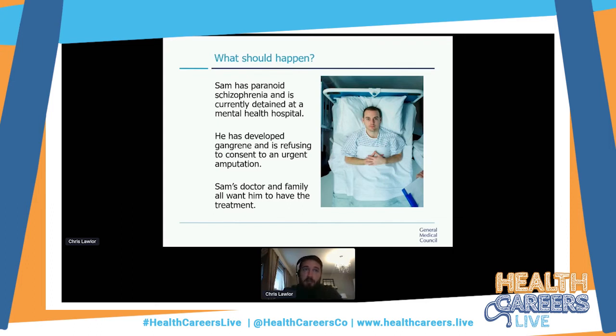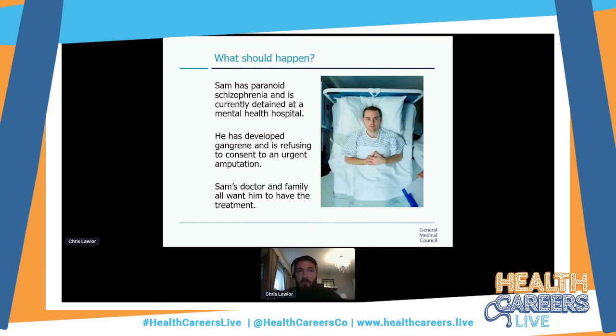Now, Sam developed gangrene in one of his legs, and he was refusing to consent to the urgent amputation of his leg. So the doctors told him that if he didn't have his leg amputated, there was a real risk that he wouldn't recover, and ultimately he would die because he didn't have that amputation.